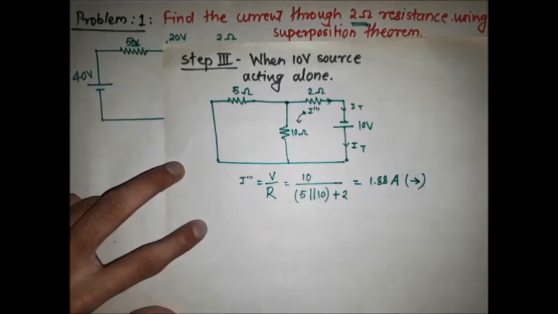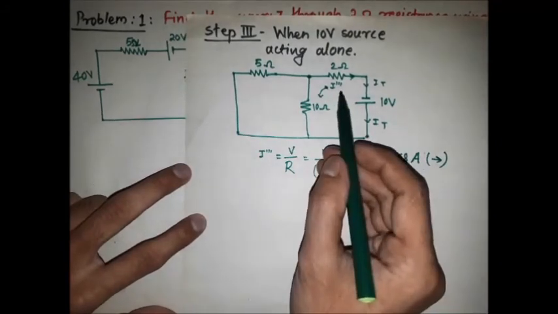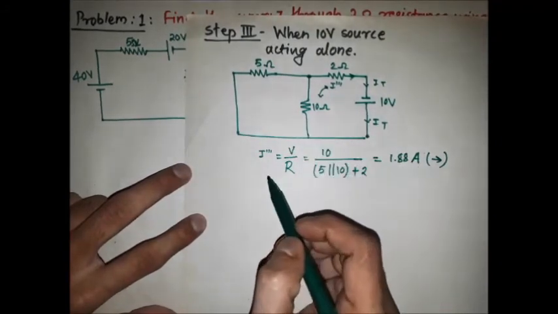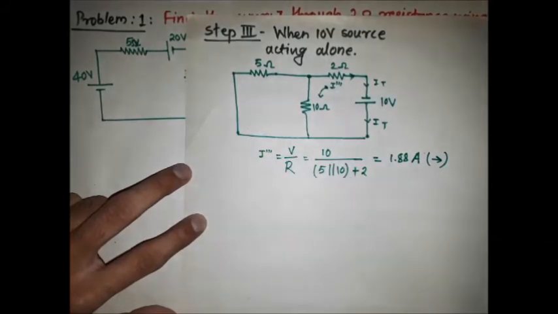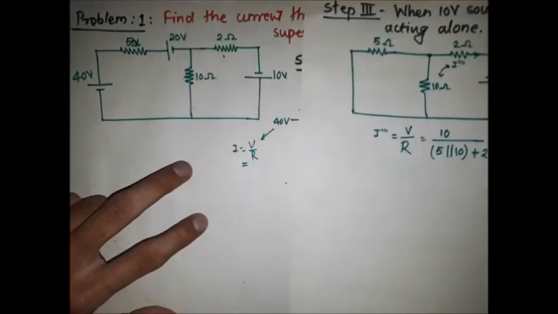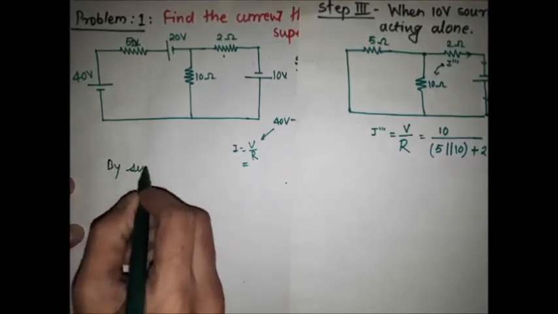Now according to the superposition theorem, we add all these currents and find the current through the 2 ohm resistance. That means current through 2 ohm is equal to I dash plus I double dash plus I triple dash.